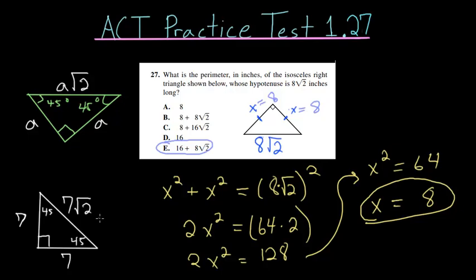It will probably only save you a few seconds here and there, but with a problem like this, you can solve it in a few seconds versus maybe a minute if you have to actually carry out the Pythagorean Theorem. So that type of time saving is incredibly useful for when you get to the last 10 problems or so of the test. So anyways, with this particular problem, choice E here is our final answer.